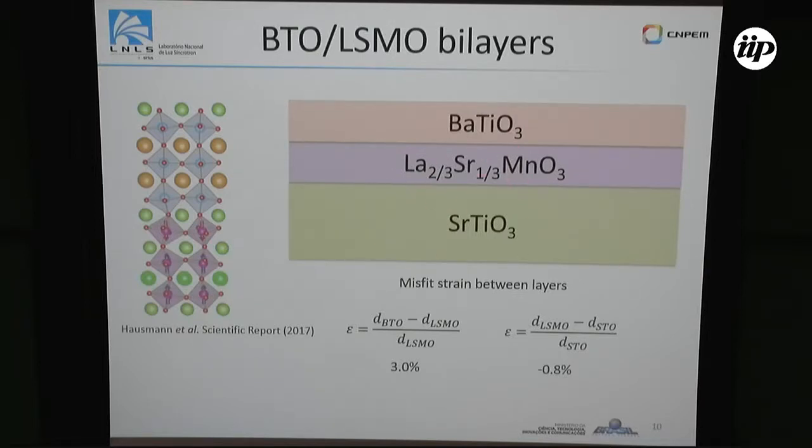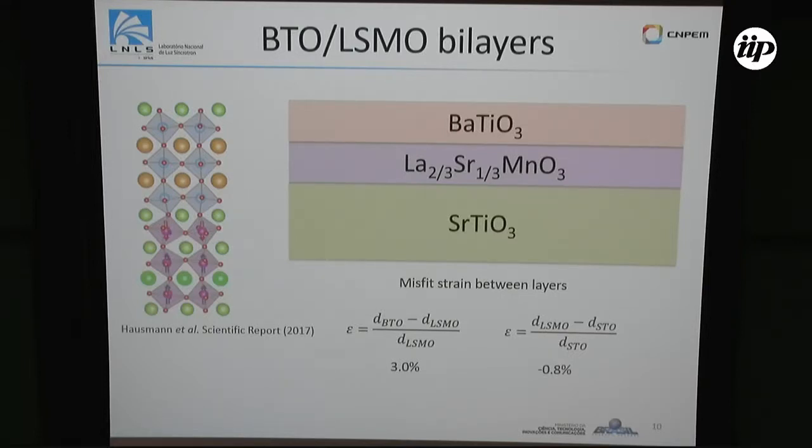Going to our work, we grew lanthanum-strontium manganite on a strontium titanate single crystal. This is our ferromagnetic layer, which is ferromagnetic at room temperature.